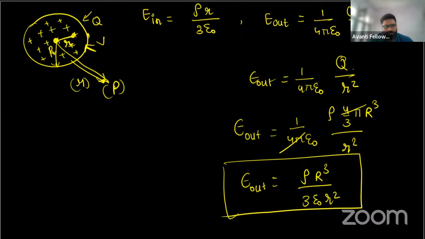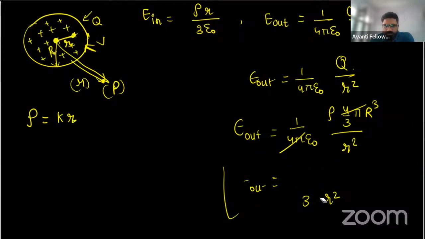Now you have to find out, suppose rho is given to you as k small r, this is the question, listen to the question carefully.